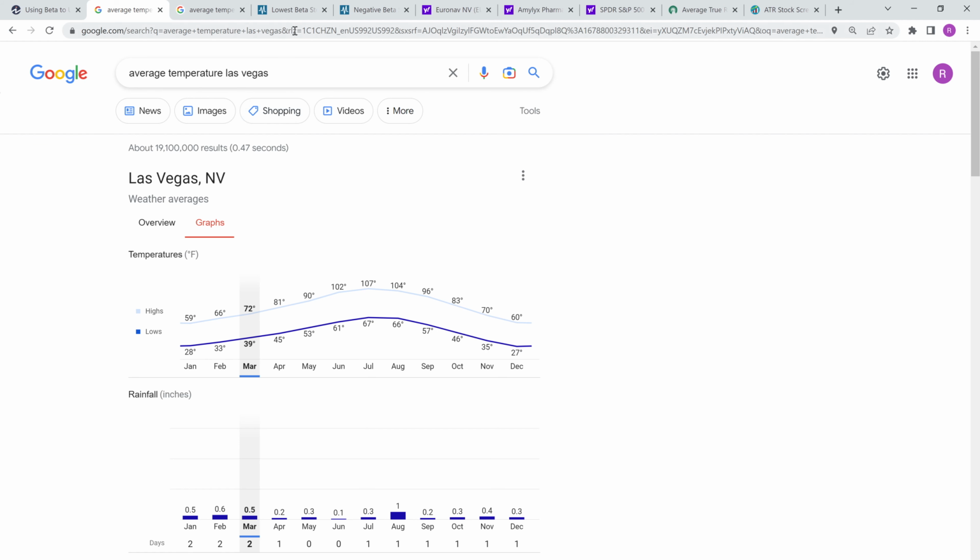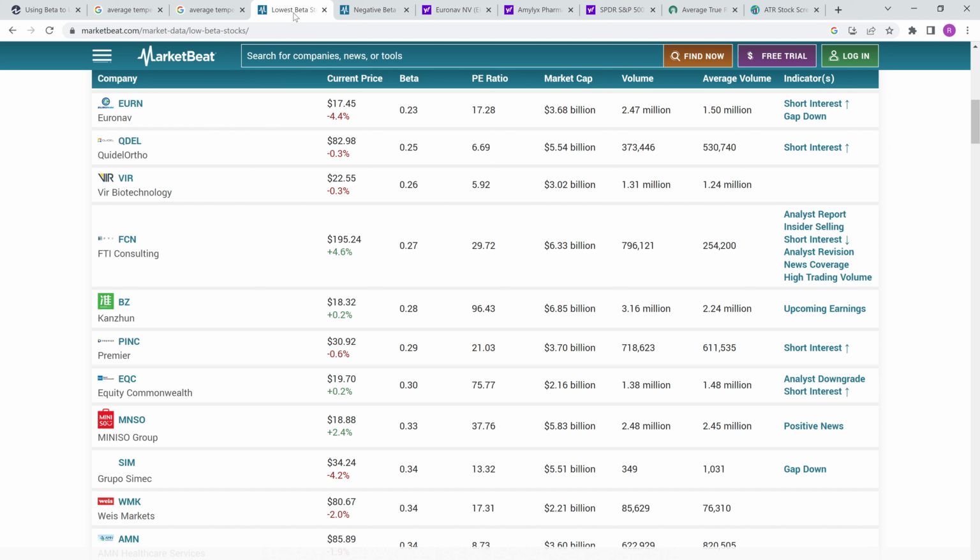So to further prove my point, I did a low beta screen, mid cap stocks, all that type of stuff, and went through high volume, decent current price, decent average volume. I also required a decent market cap to take out the short-term poppers.